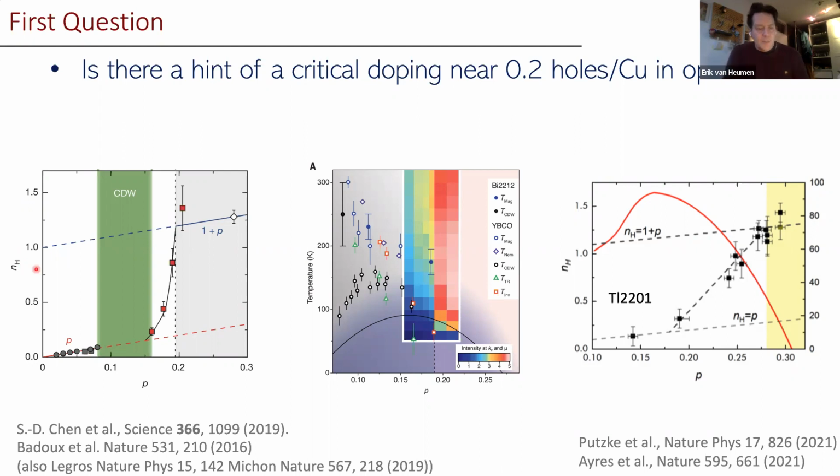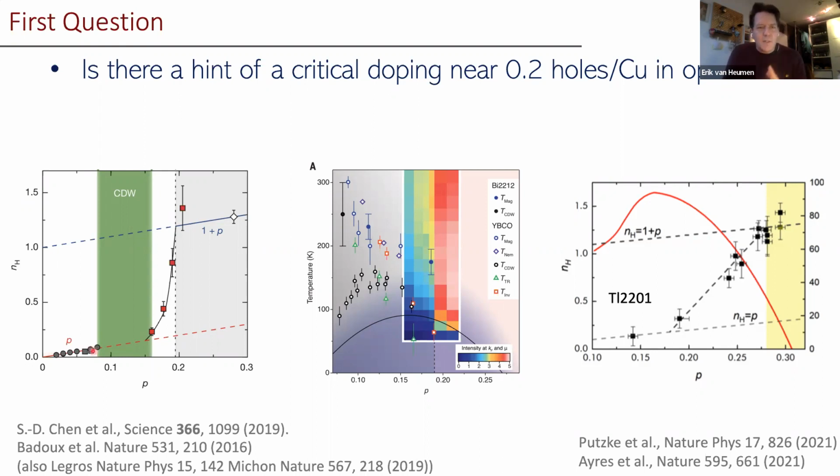So that's nH, the carrier density extracted from Hall experiments. At low doping, you see that it increases linearly with the number of holes per copper oxygen plaquette. As you might expect, it goes to 0 exactly at half filling, where you have an insulator.